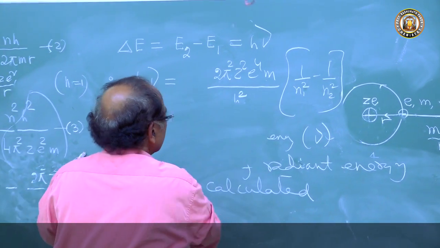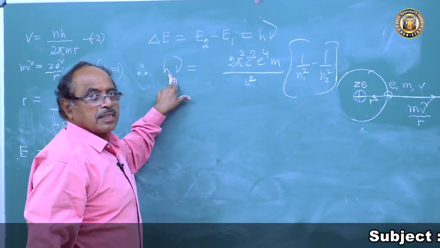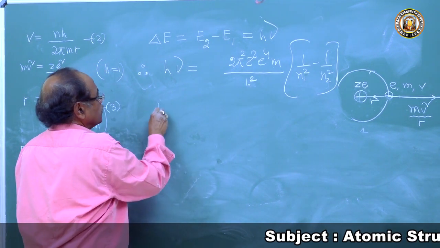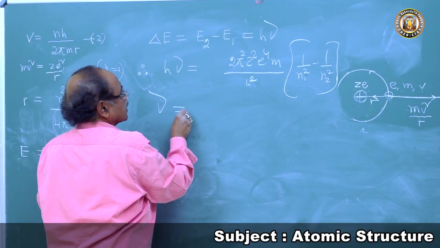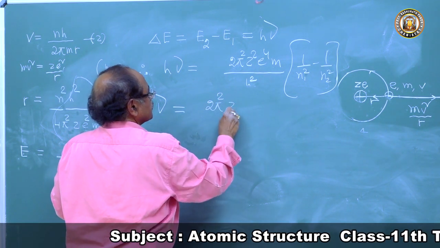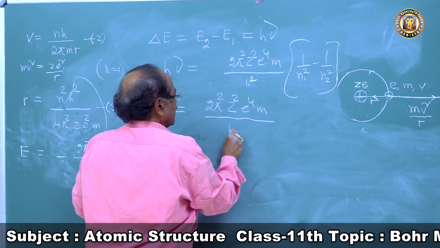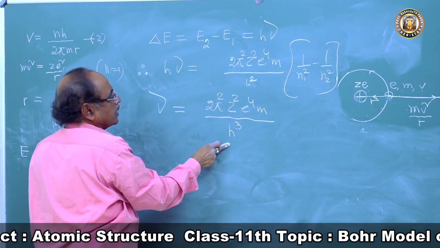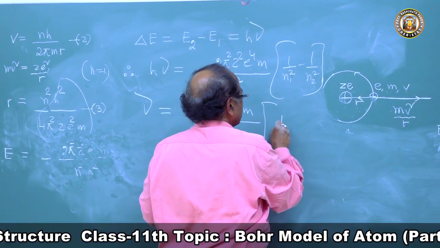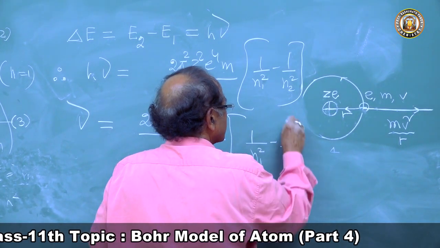Now this value is known. What is h? h is Planck's constant. What is nu? Nu is the frequency of radiation. So nu will be 2 pi square z square e fourth m by h cube, if I take the h here, this becomes h cube, into 1 by n1 square minus 1 by n2 square.